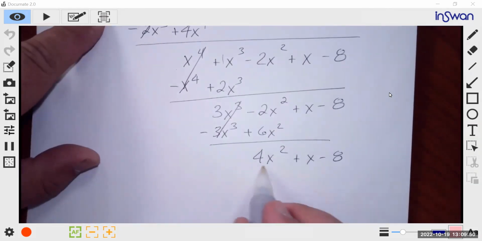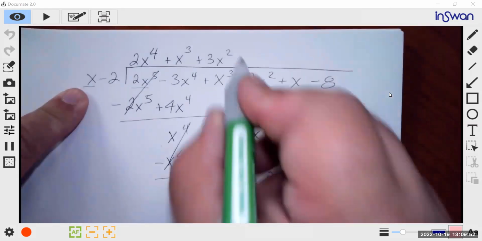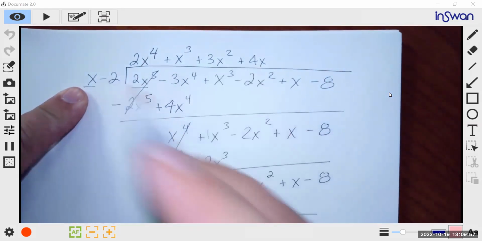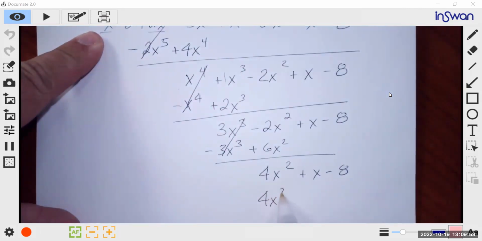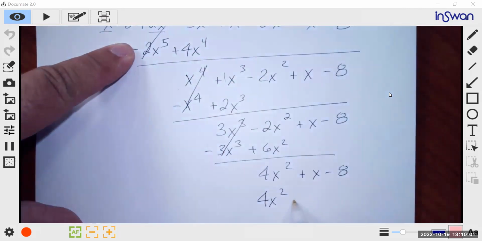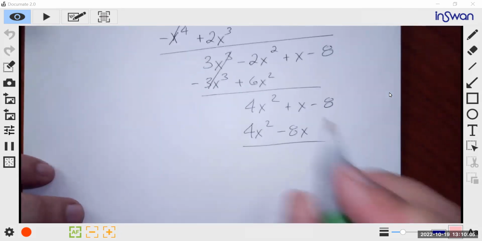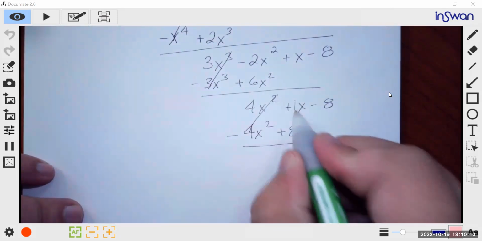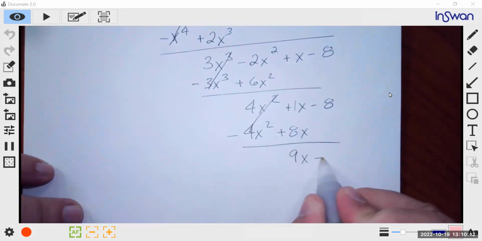What times x gives me 4x squared? Positive 4x. 4x times x is 4x squared. 4 times -2 is -8x. Change the signs and add. 8 plus 1 is 9.